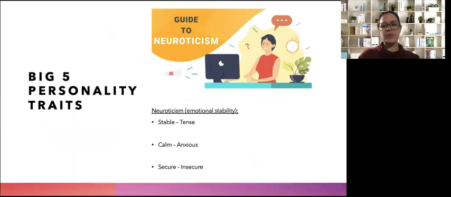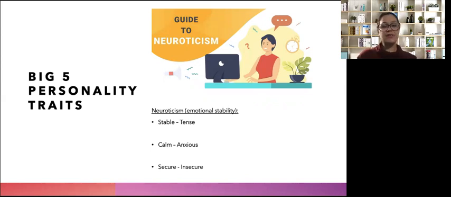And finally, the fifth personality trait is neuroticism, or one's emotional stability. This trait characterizes the level to which one experiences negative emotions, like anger, anxiety, depression. Low levels of neuroticism indicate higher emotional stability, right?